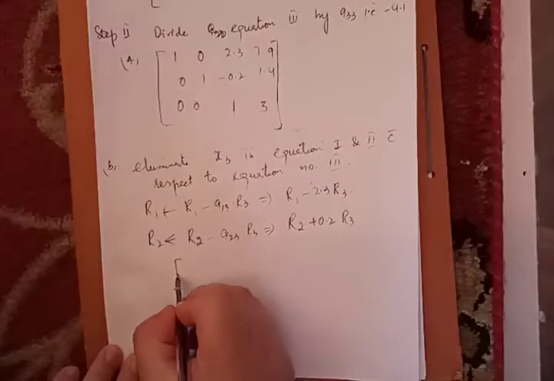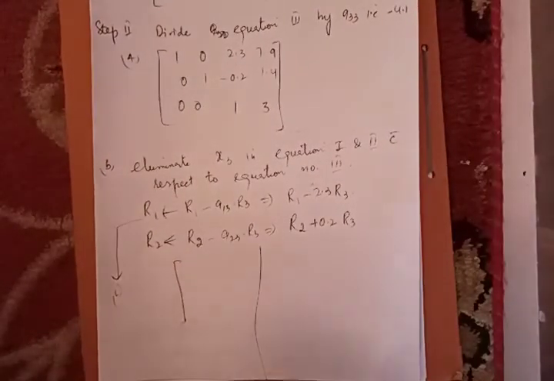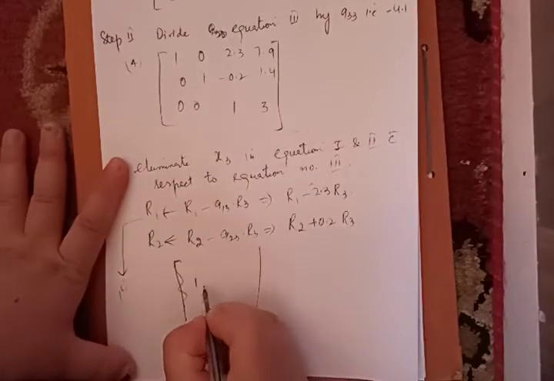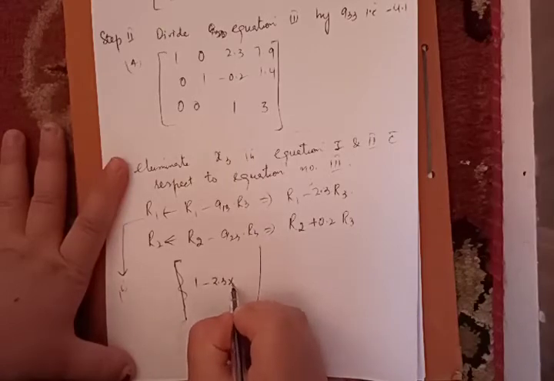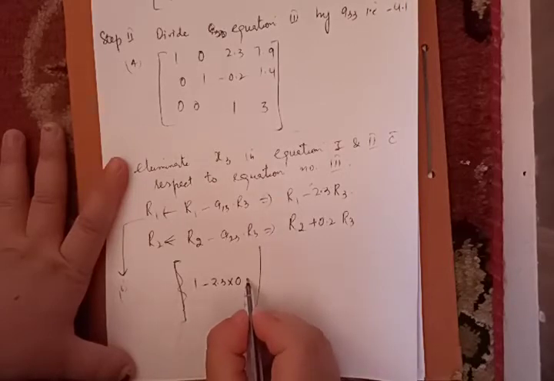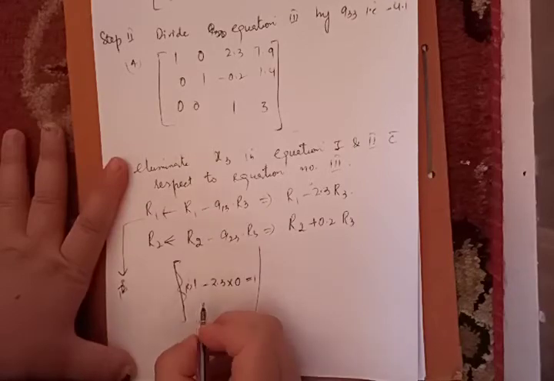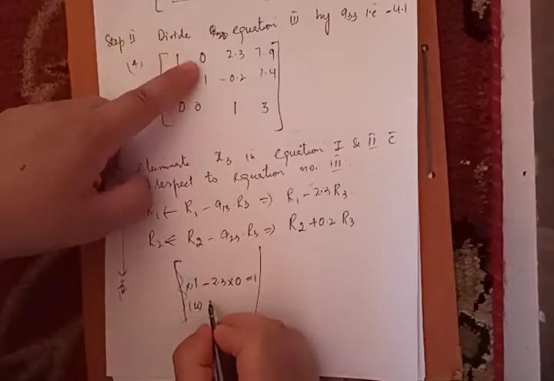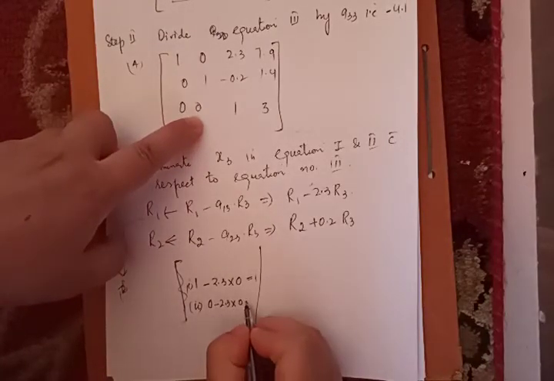Firstly we will take this one and change the elements. 1 minus 2.3 into the R3 element, which is 0, this will be 0, and 1 minus 0 will be equal to 1. This is the first element. The second element: 0 minus 2.3 into R3 element 0, so the whole will be equal to 0.